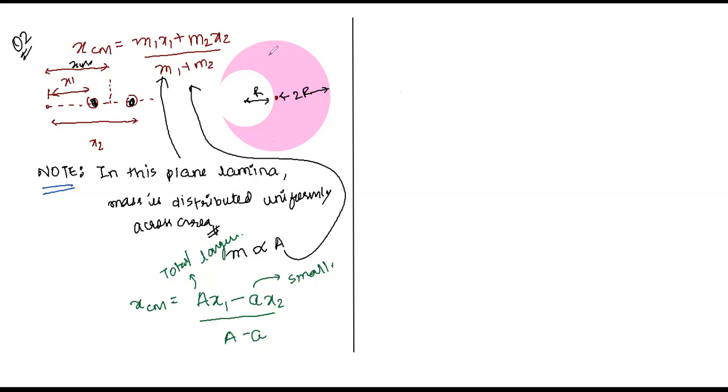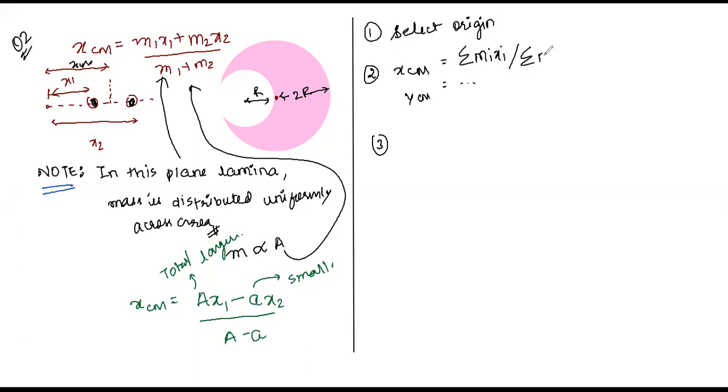So the first step for solving any center of mass question is to select your origin. Select one point as origin. Accordingly, write the formula for xcm, ycm, and zcm, whatever, and then substitute. Write the formula that it is summation of mi into xi upon summation of mi.